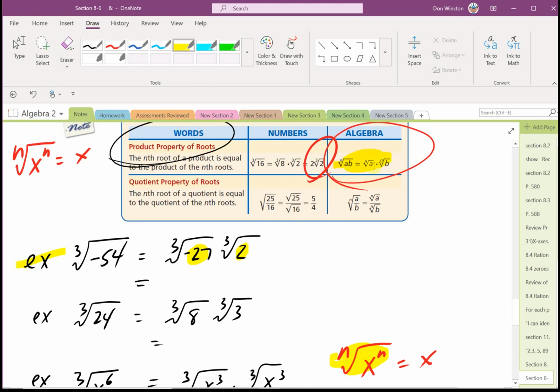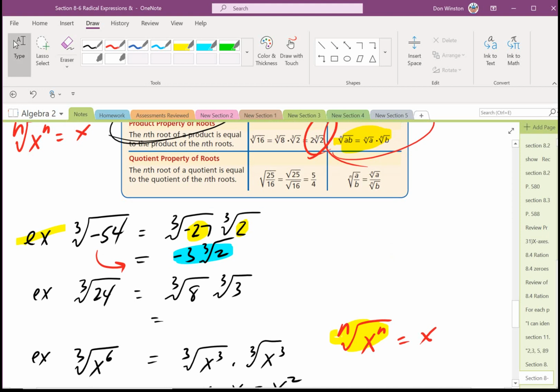Again, we're using that property. The cube root of negative 27 is just going to equal negative 3, and what's left over is the cube root of 2. So there's my final answer. The cube root of negative 54 is equal to negative 3 times the cube root of 2.